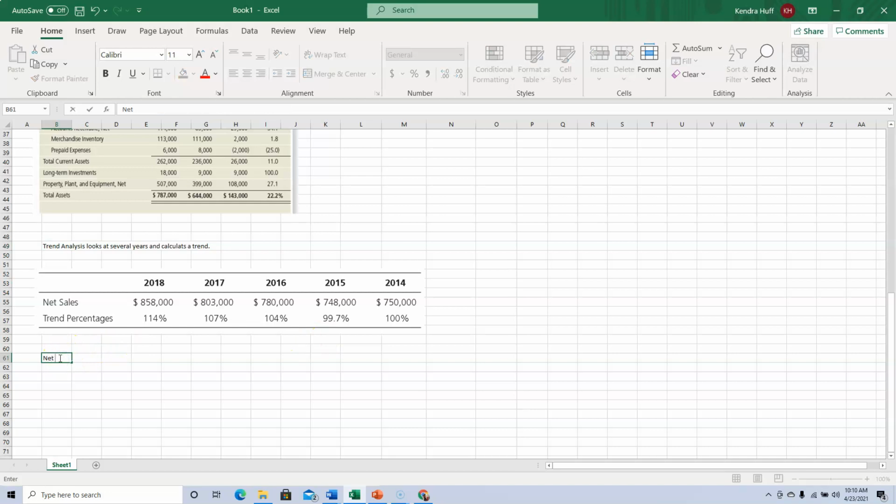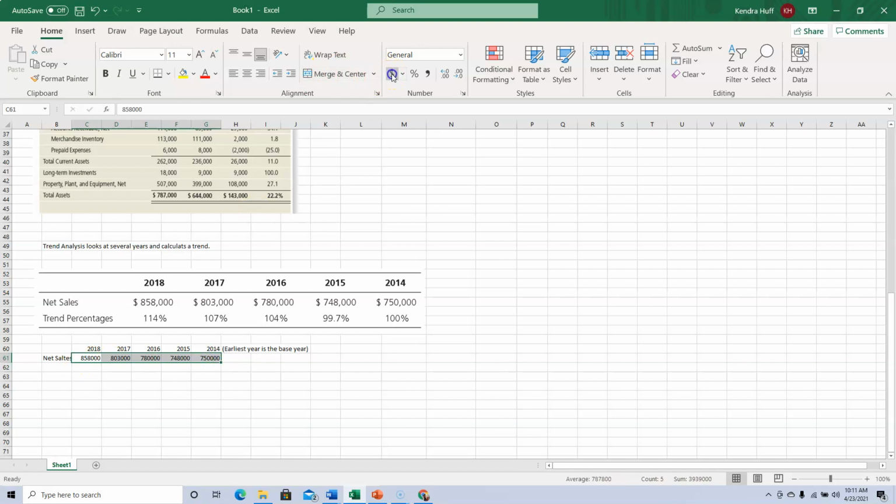We have net sales, 2018, 2017, 2016, 2015, 2014. The earlier year is always the base year. All right, so in this case, 2014 is the base year. These are all dollar amounts for net sales.